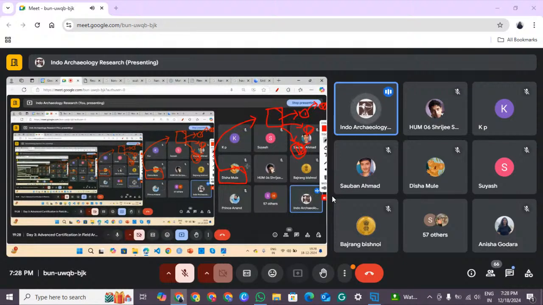Apart from that, Disha wants to recover the sculpture and take it to the museum. So now you can see that Disha has many objectives. What are they? Objective number one is to conduct documentation of the sculpture. The second is the identification of the sculpture.